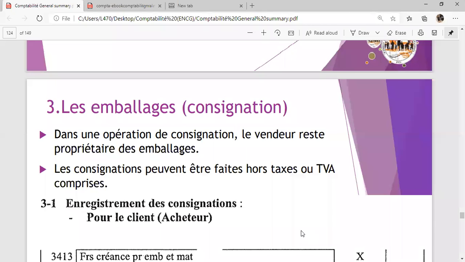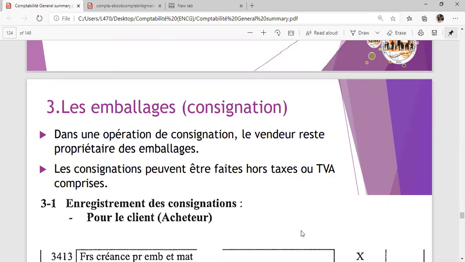So with les emballages, we have two main types. The first one being les emballages perdus. So these are lost containers. These are containers which are never returned to the seller. An example of this would be a wrapper of something like a biscuit, or like a disposable drink.